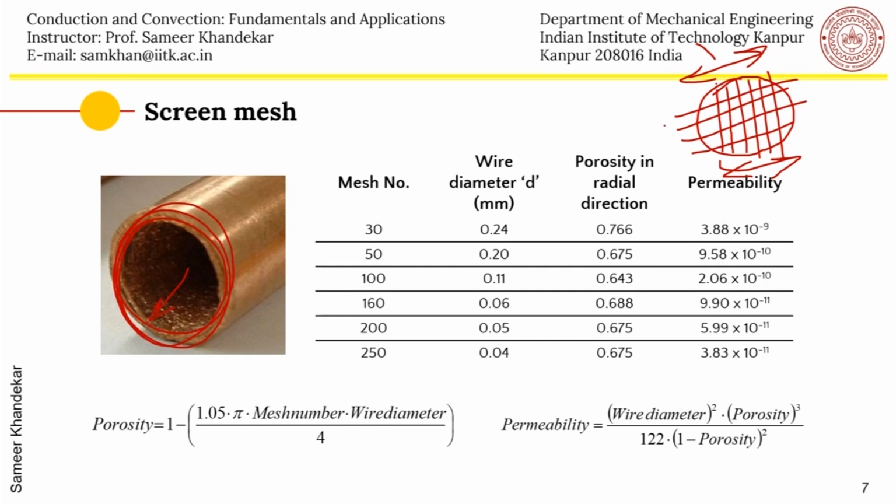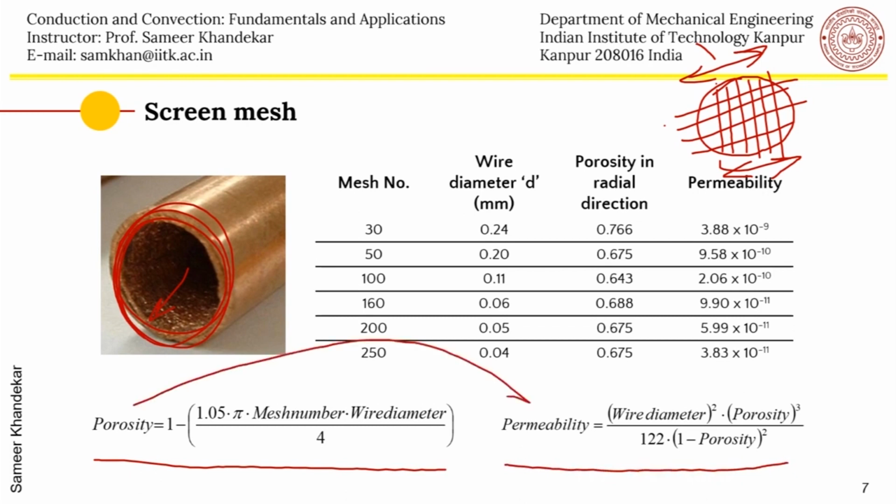The epsilon kappa relationship can be derived for certain geometries, but for most of the geometries which are complex porous media, as we have seen with different types of wicks, this relationship has to be mostly experimentally determined. But for wire meshes, there is a straightforward relationship which can be derived, which we will also try to derive by applying the Darcy's pressure drop equation and the simplifications and assumptions.